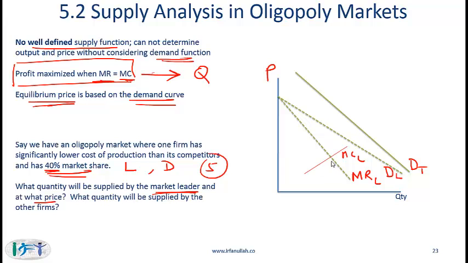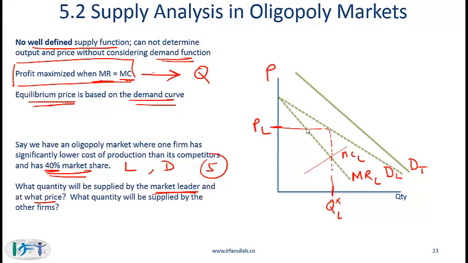So the profit maximizing quantity is given by Q star. Q star is the profit maximizing quantity for the leader, and the price that will be charged by the leader is going to be this price over here. So price leader, and this is the quantity that will be produced by the leader.